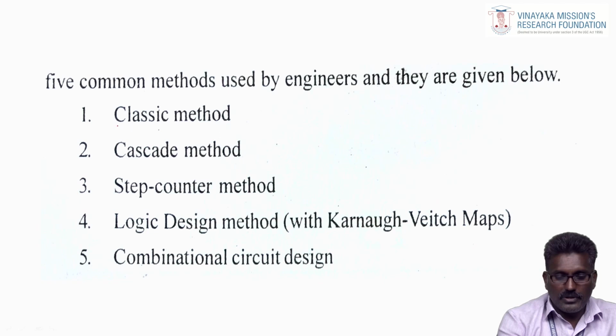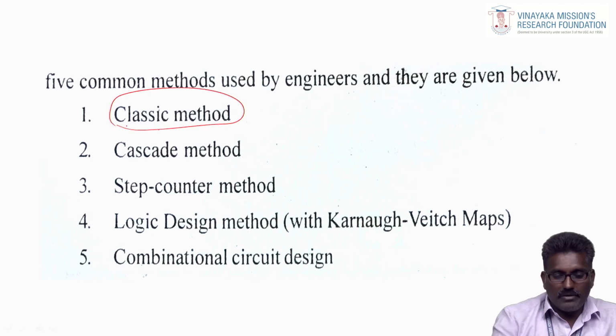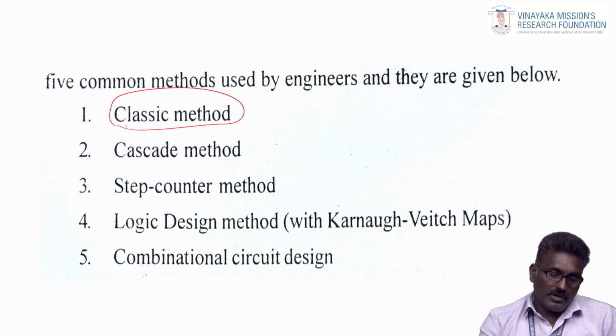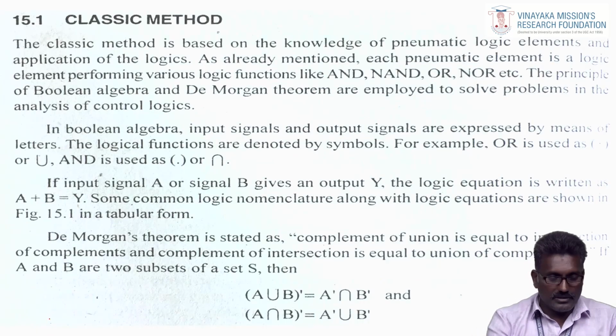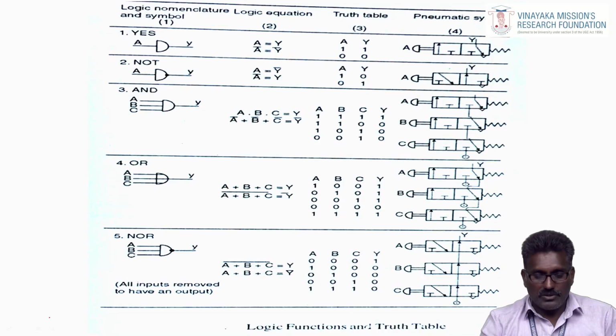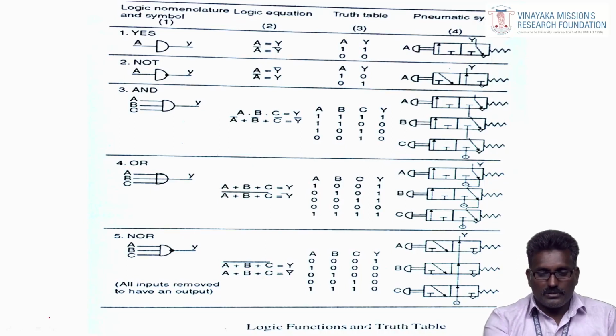First, we are going to discuss an outline of classic methods for designing pneumatic circuits. In this classic method, some logic operations are used. So it's the YES function, that means you are providing input here, and this valve produces output.